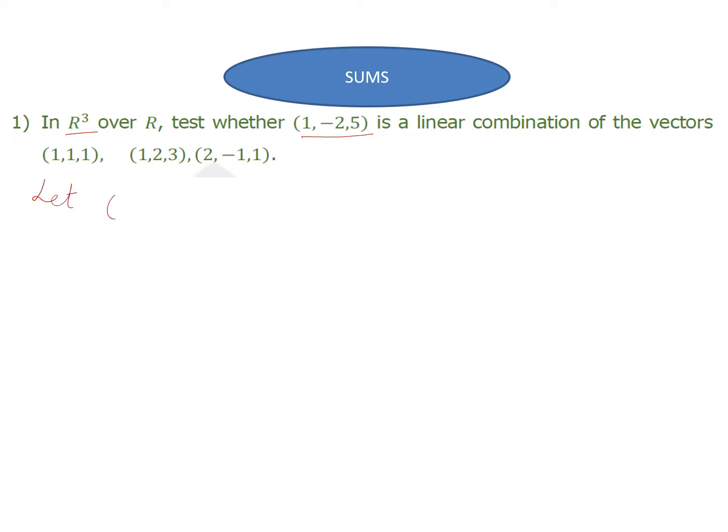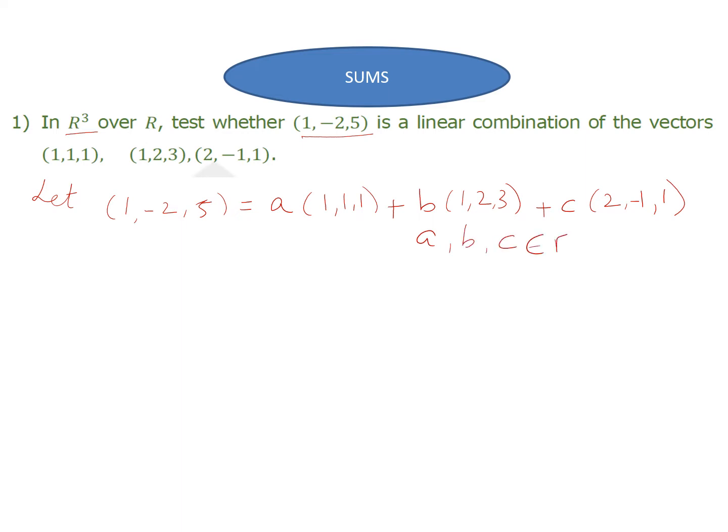Let us assume (1, -2, 5) to be a linear combination of the three vectors (1, 1, 1), (1, 2, 3), and the third vector (2, -1, 1). So I am assuming that we will be able to write (1, -2, 5) as a linear combination of these three vectors. A, B, C are all scalars. I am taking A, B, C from F.